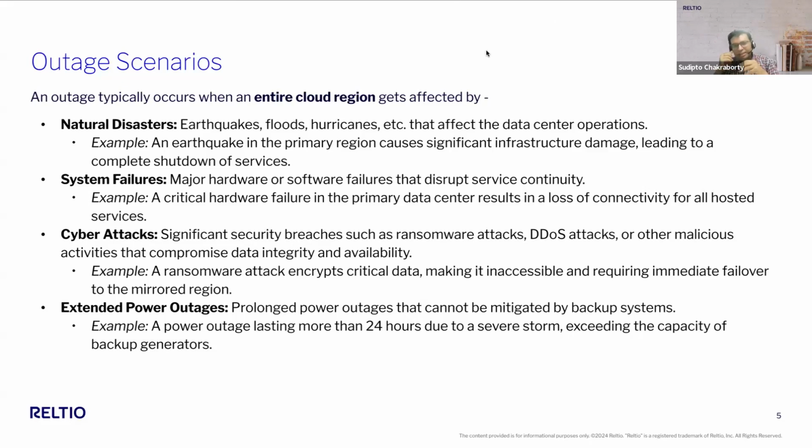For example, natural disasters. They include earthquakes, floods, hurricanes, forces of nature that can knock out data center operations, like for example an earthquake in a primary region where your data center is hosted.